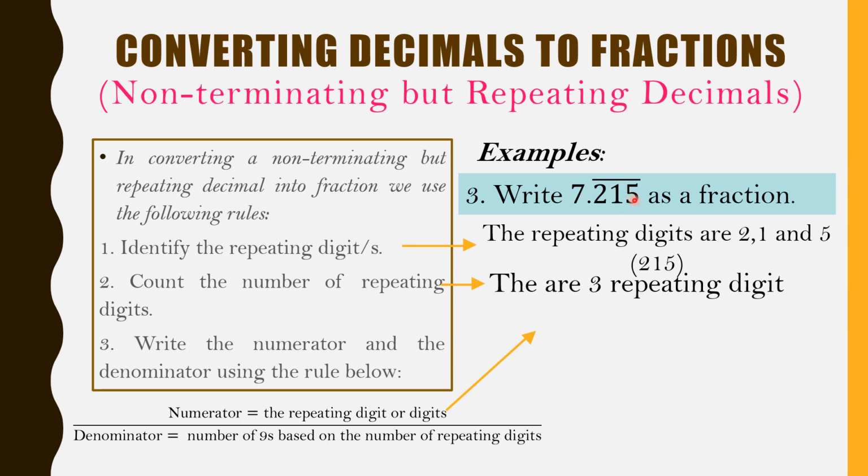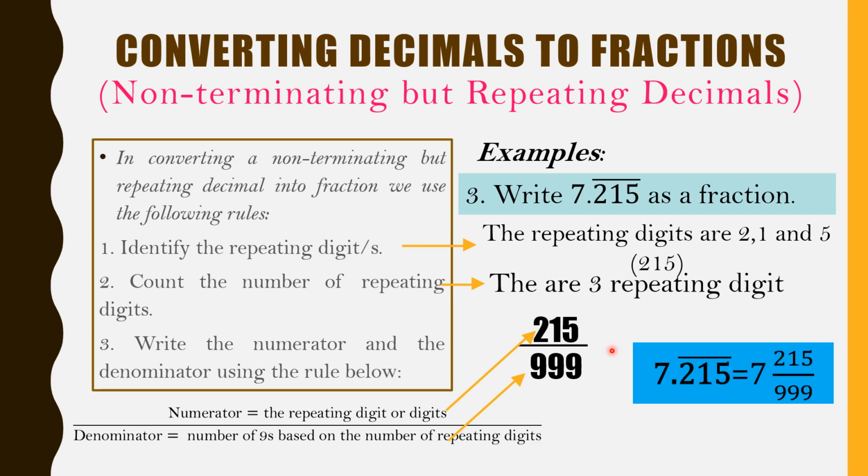So to express this decimal part as a fraction, we write it as 215 over 999. But our final answer should include the whole number 7. So the equivalent of 7.215 repeated is equal to 7 and 215 over 999. That is our final answer for example number 3.